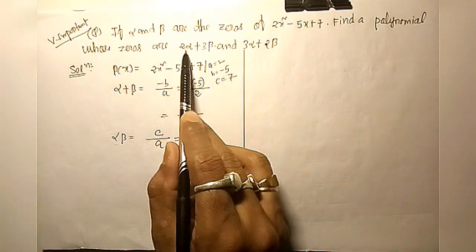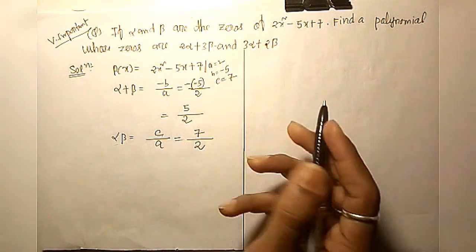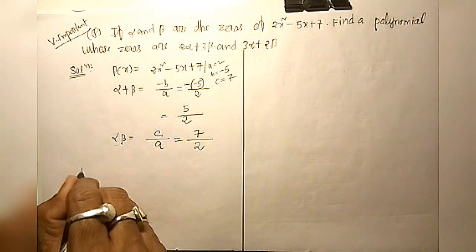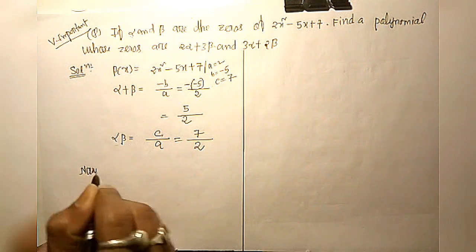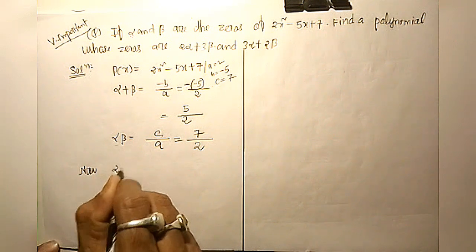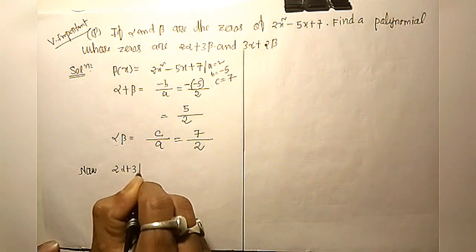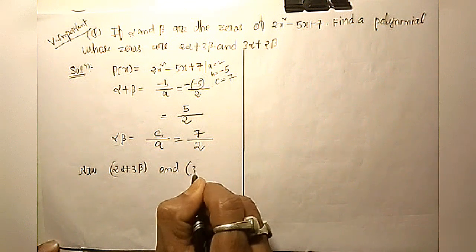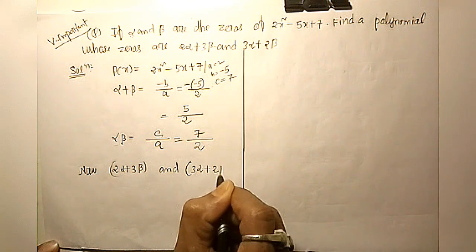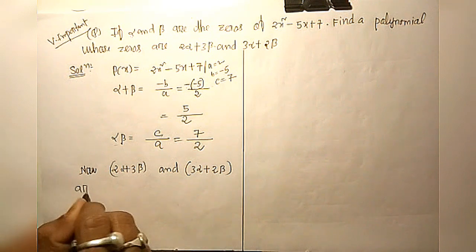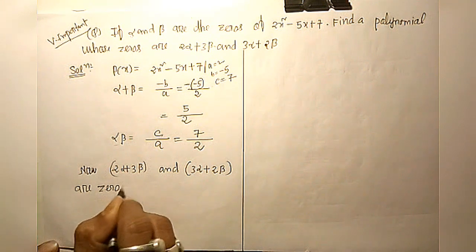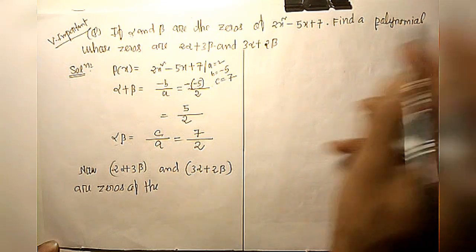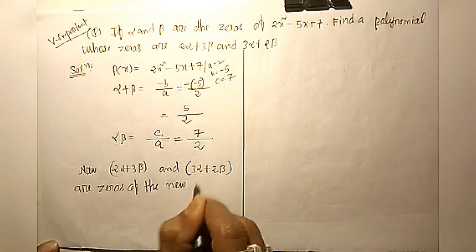Now we need to find out a polynomial whose zeros are 2 alpha plus 3 beta and 3 alpha plus 2 beta. So 2 alpha plus 3 beta and 3 alpha plus 2 beta are zeros of the new polynomial.